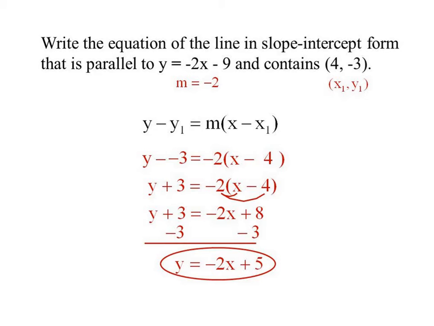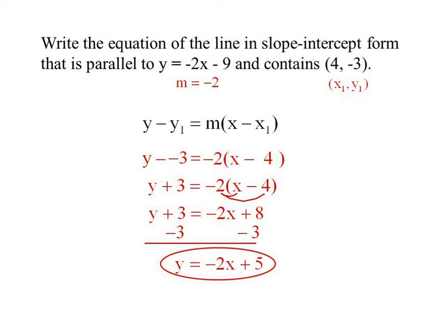Since there is no y-intercept given, I first have to look for the point-slope form, which is y minus y1 equals m times (x minus x1).